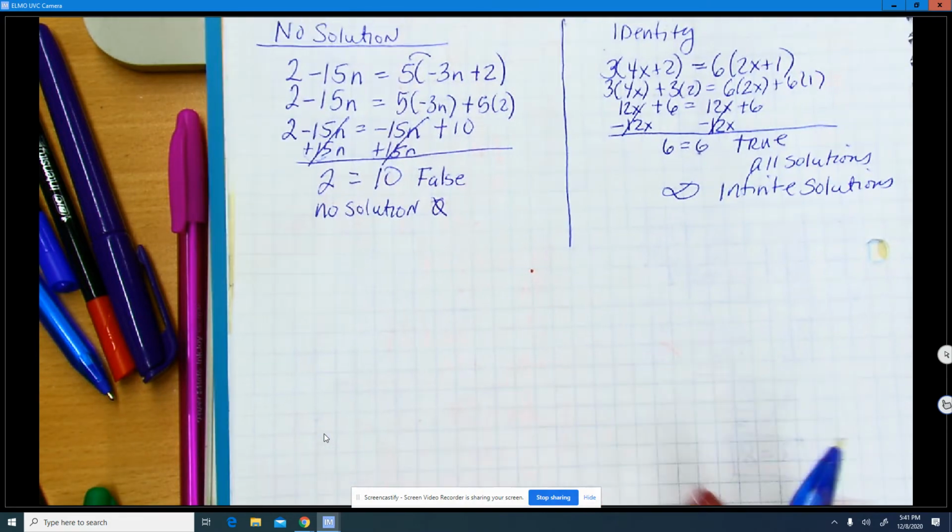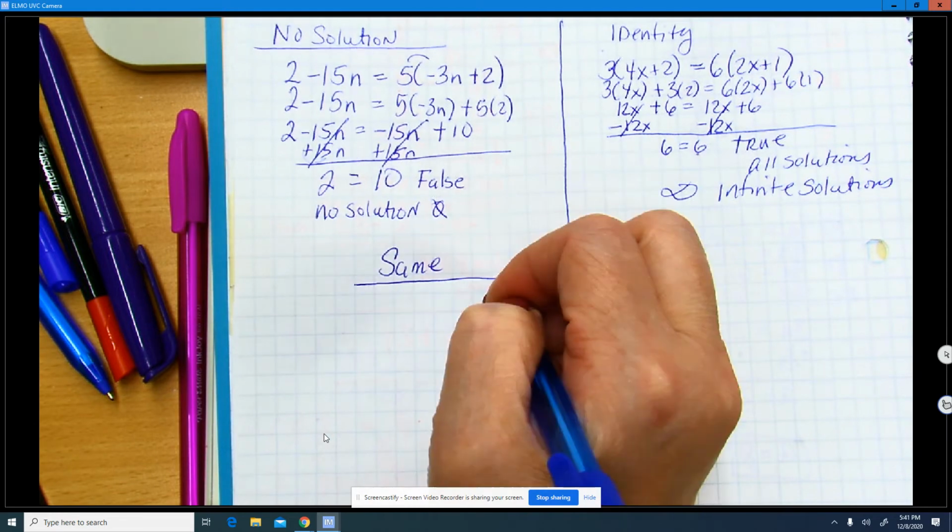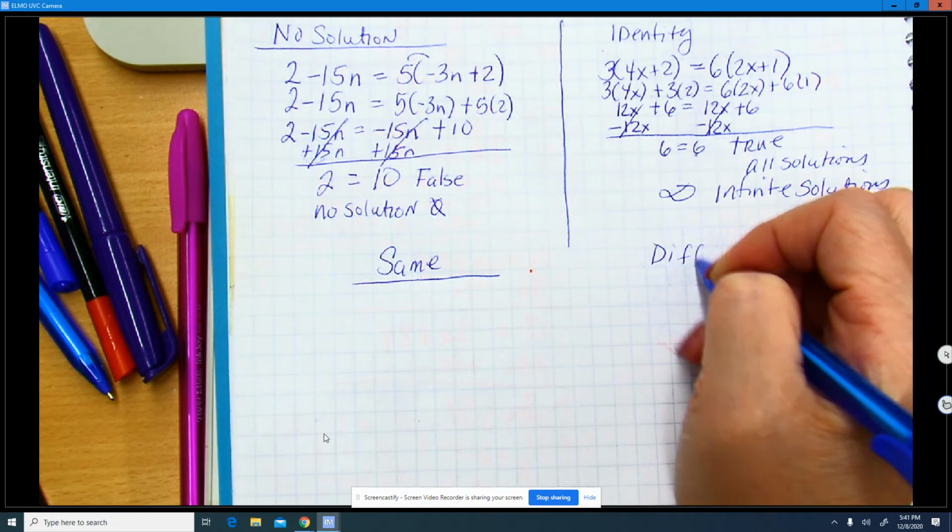Okay, so some of the things that are the same and some things that we should look for that are different.